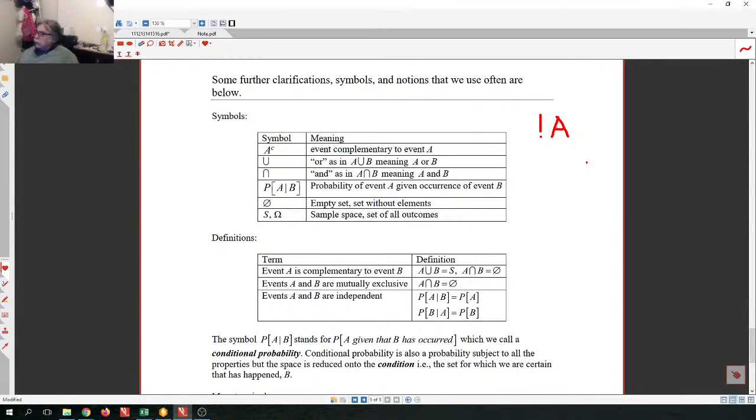Okay? In philosophy, when they use logic, they write something like this. They also mean the same thing. Sometimes in computer science, people write like this. It all means the same thing. Not A. Complementary to A. So that's an event complementary. If we use a C as a superscript, that would mean the same thing. Sometimes people even use a bar on the top of it, but we won't do that because we have a bar for a particular thing, right? So we won't do that.